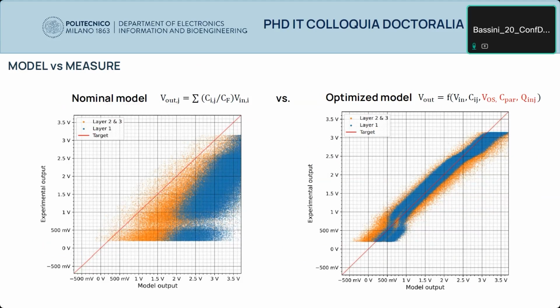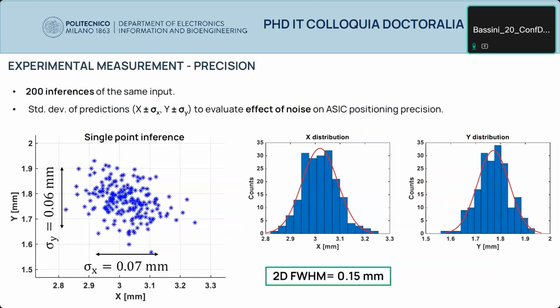From here we can see how the optimized model is more accurate in predicting the real output of the electrical neuron, and therefore this model will be used to train the neural network.